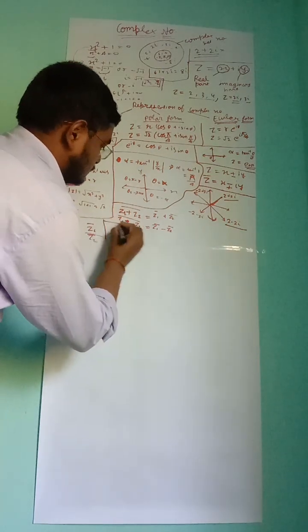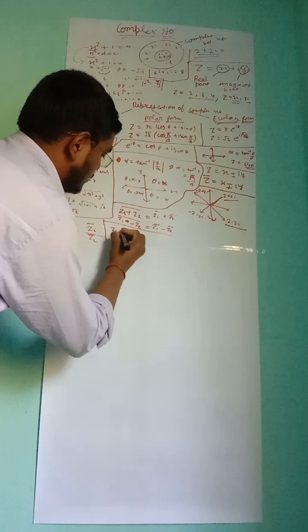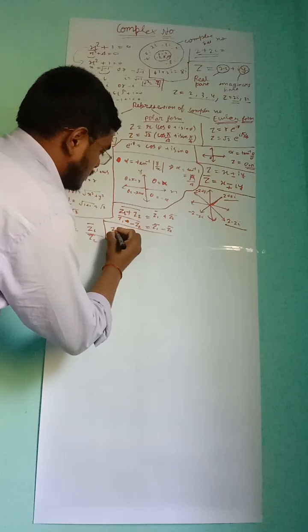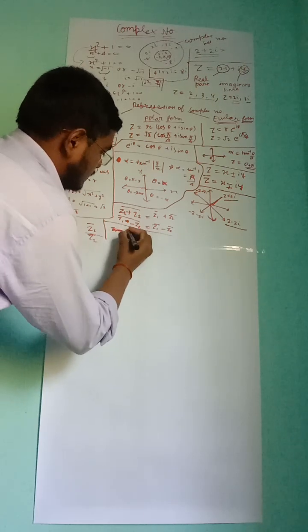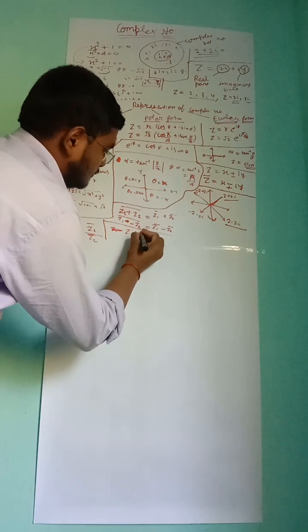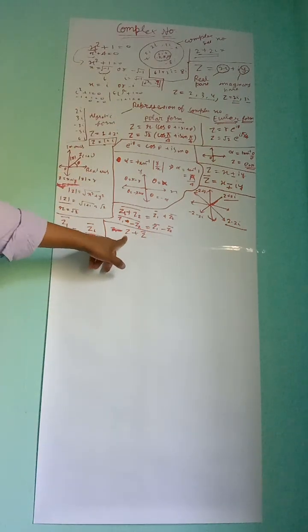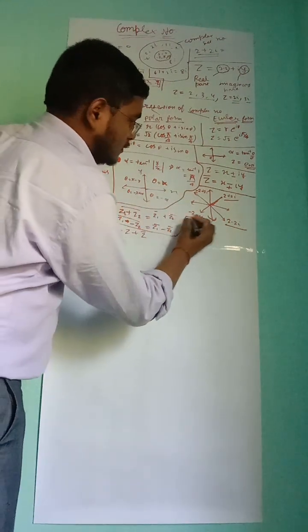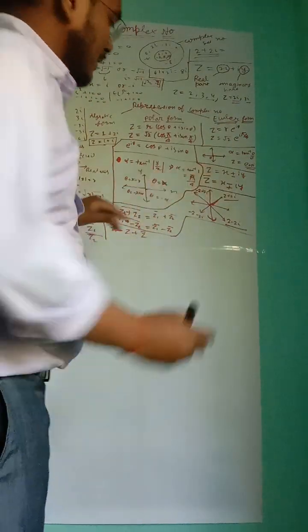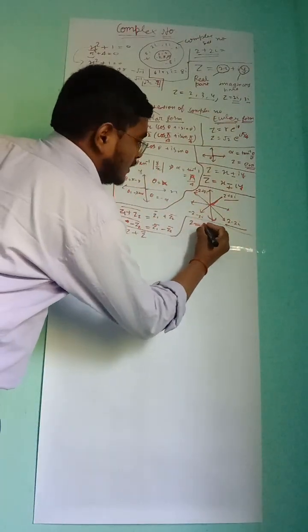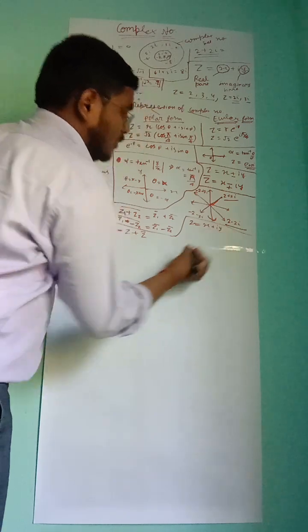Now what is z plus z bar? Suppose I have taken my z as x plus iota y.